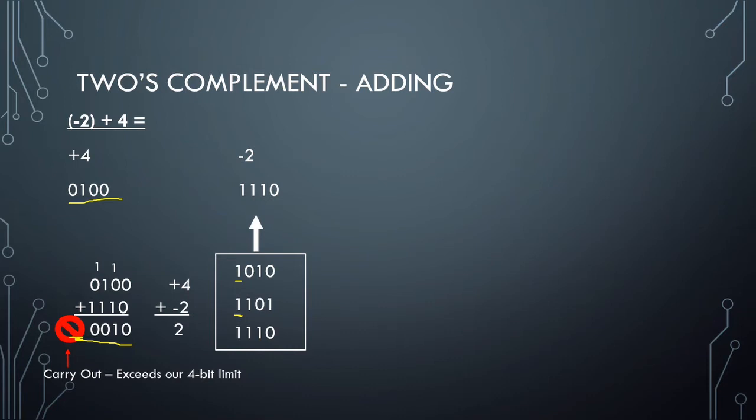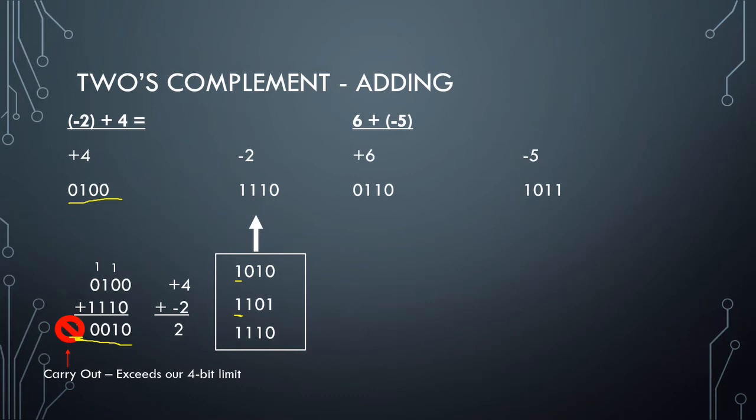If you have an extra bit that exceeds your limit, it typically, and I'll explain this momentarily, but if it's what we call a carry out, it just goes away. And so we see this number here is the binary number 2. And we know +4 plus a -2 is equal to 2. So everything has worked out there. Again, that's a good way to check your addition with the decimal equivalents.